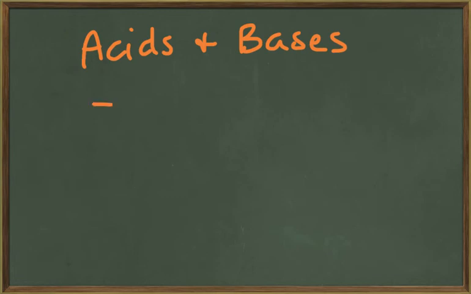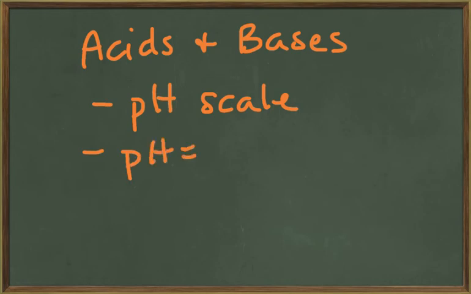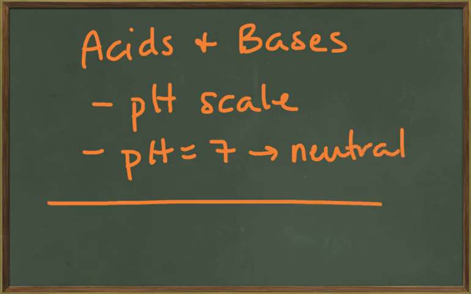To determine if something is an acid or base, how do I measure it? The pH scale. Something is considered acidic or basic depending on where it lands on the pH scale. If the pH is equal to 7, I'm said to be neutral.